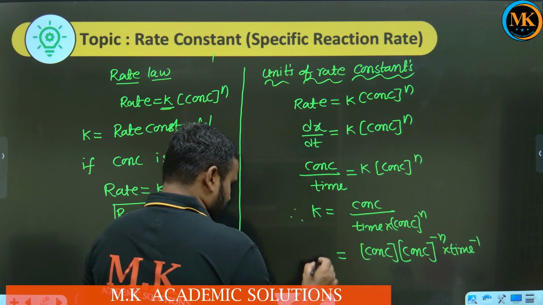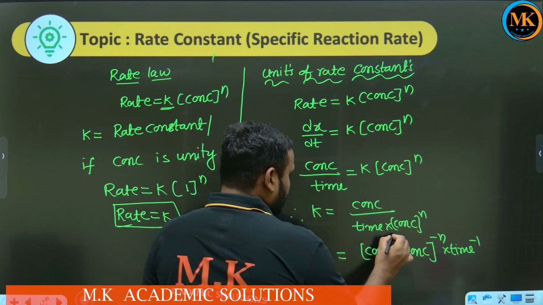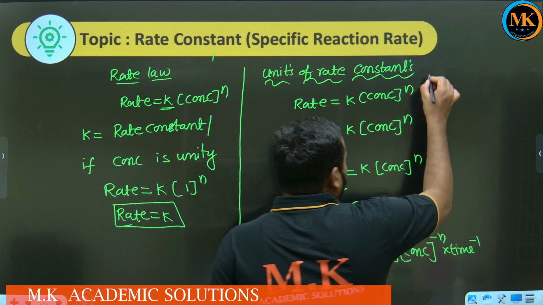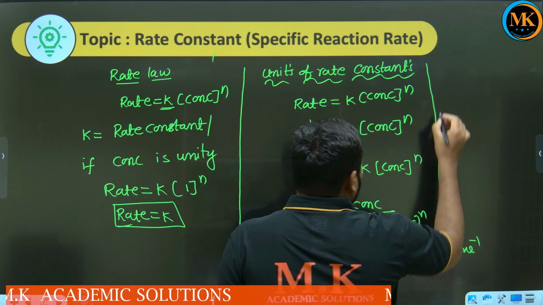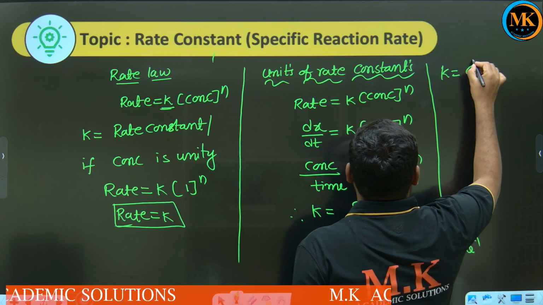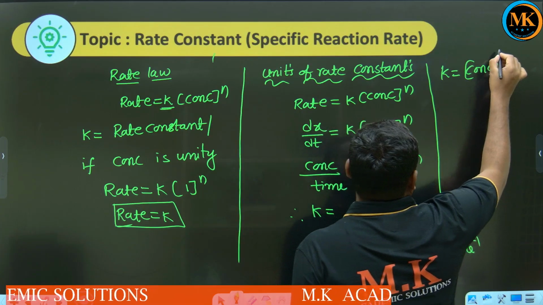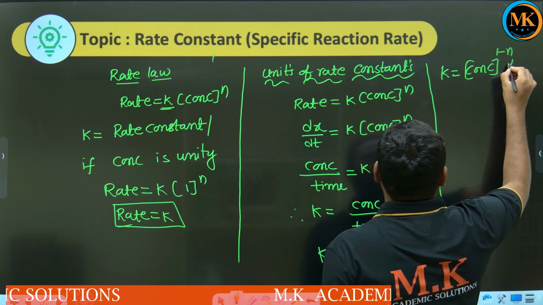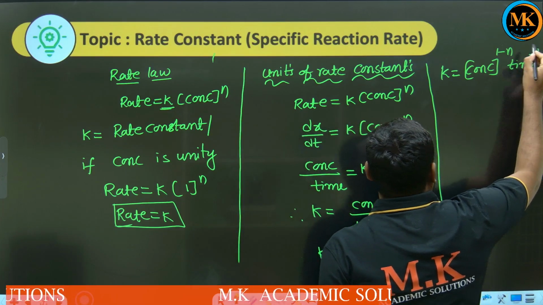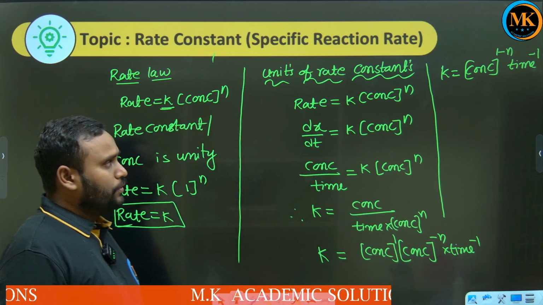Concentration to the power 1, concentration to the power minus n. So K equals concentration to the power 1 minus n, time inverse. These are the units of K.